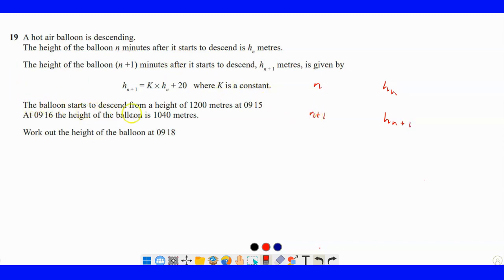The balloon starts to descend from a height of 1200 meters at 9:15, so at 9:15 we would have a height of 1200 meters. Now 1 minute later, which is 9:16, we have a height of 1040 meters.